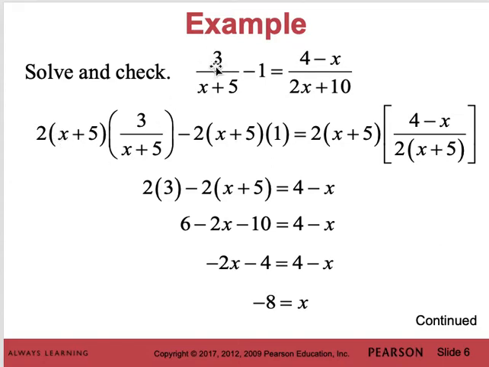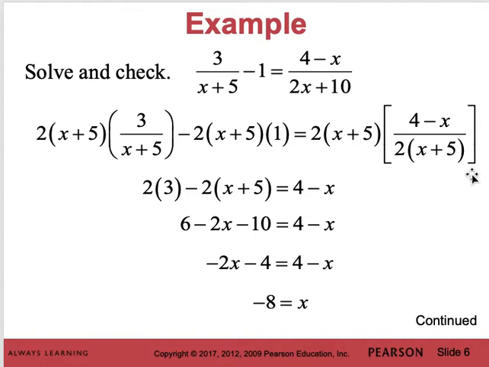And then I have my rational expression, 3 times x plus 5, minus 2 times the quantity x plus 5 times 1, which wouldn't give us anything different, equals 2 times the quantity x plus 5 times the quantity 4 minus x over 2 times the quantity x plus 5.